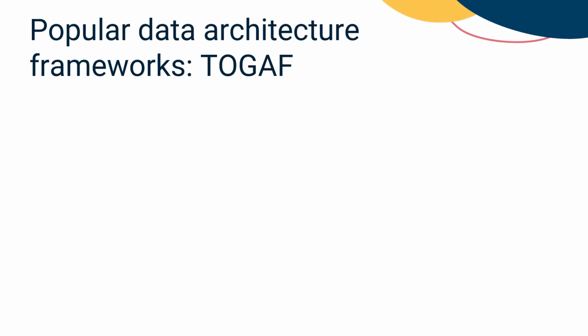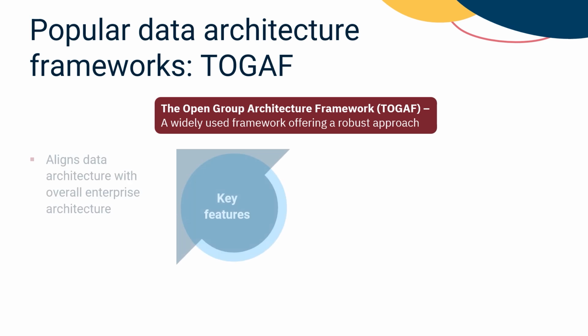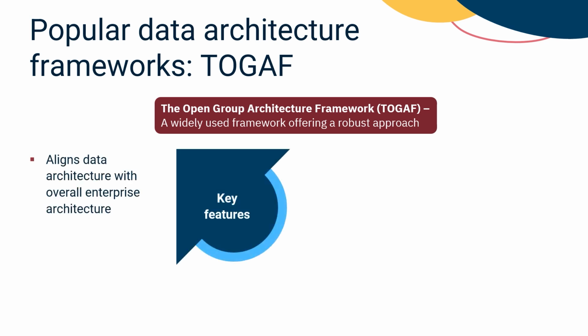Building on the importance, let's explore some popular data architecture frameworks designed for different organizational contexts. The first framework is the Open Group Architecture Framework, or TOGAF. It is a widely used framework for enterprise architecture, offering a robust approach to data architecture. TOGAF focuses on aligning data architecture with overall enterprise architecture and employs iterative development through its Architecture Development Method, or ADM.